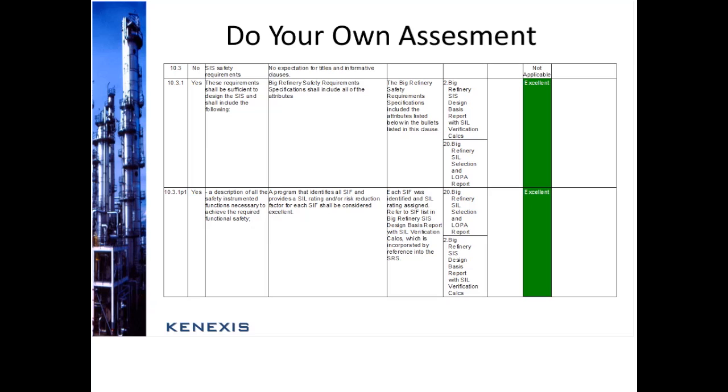And it's where the missing part comes in, is that you need to go back and you need to either get the documentation and get it up to par, or go through that portion of the safety life cycle and redo it so that you have something that can be referred to, that's easily defined and can be brought into the assessment here and judged to be whether it's in good, excellent, or poor condition.